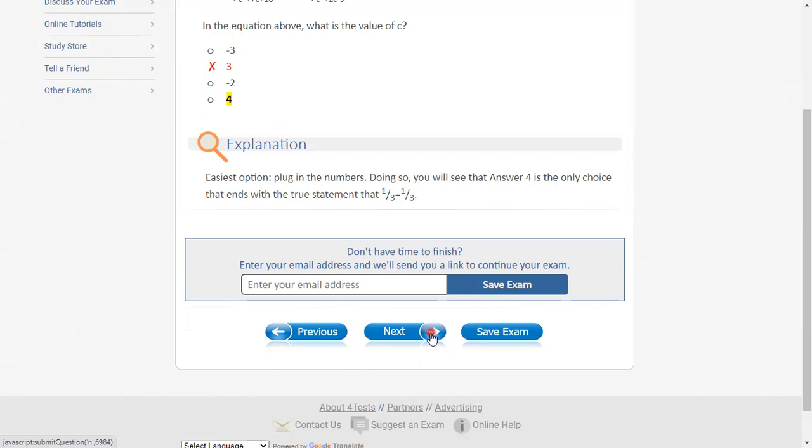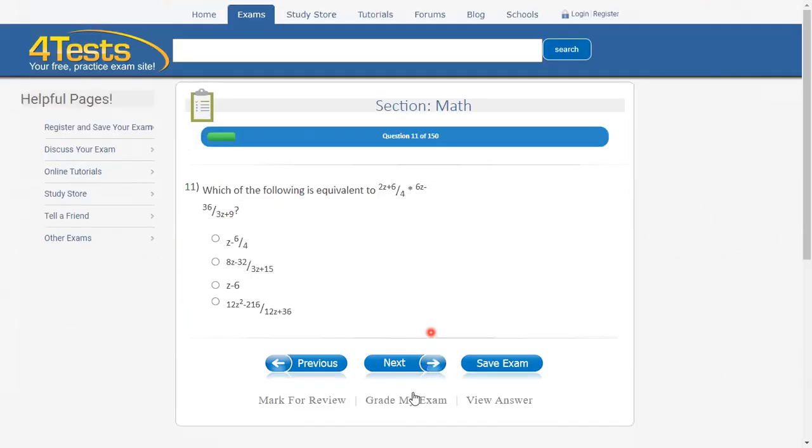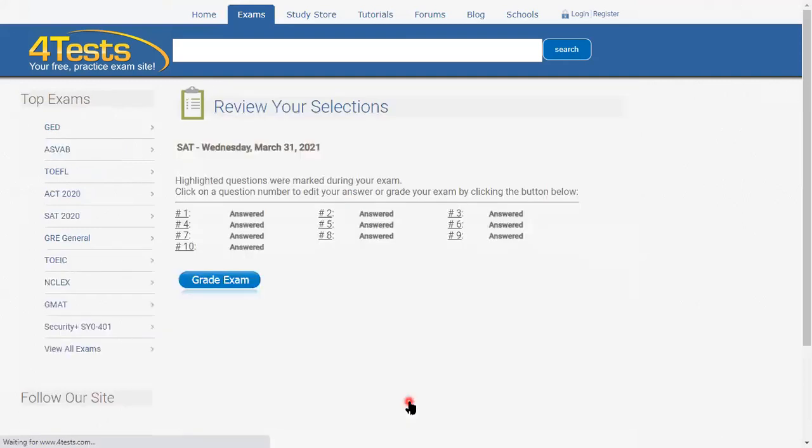We are not going to solve the next one, but we are just going for the grade. You have answered the 10 questions out of the sample test. So next, let's see the grade.